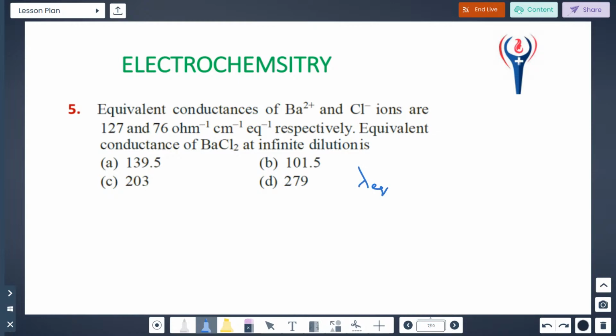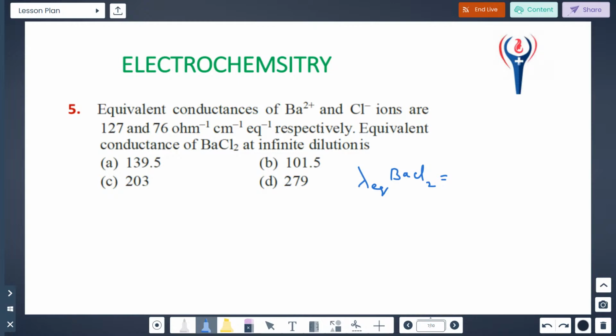What is the electrolyte here? Barium chloride. Simply remember, for equivalent conductance you divide by its valency. When you put the electrolyte in water, it splits into barium ions and chloride ions. So divide by its valency, just remember.